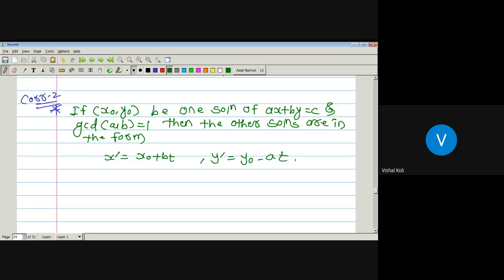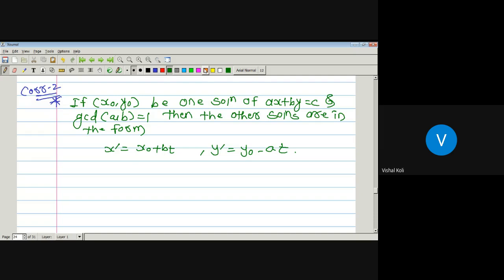Okay, again here we just have to use the previous theorem. By the previous theorem, x dash is x naught plus b upon d into t and y dash is y naught minus a upon d into t.